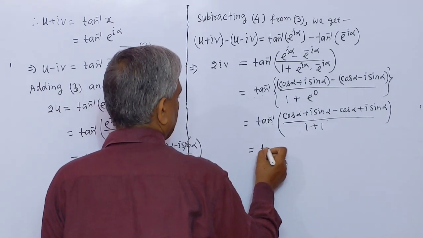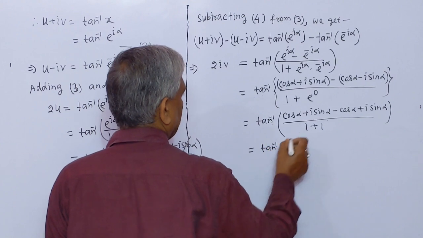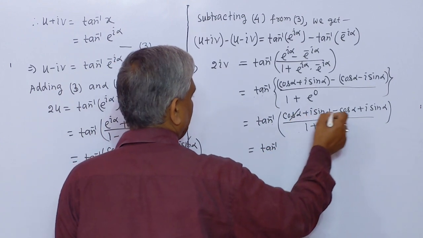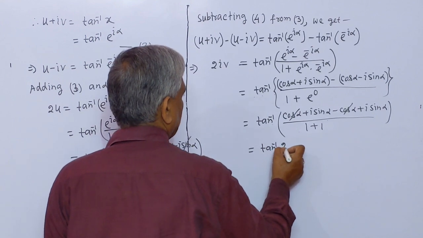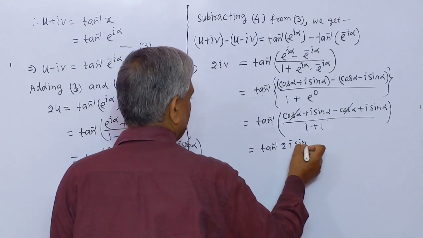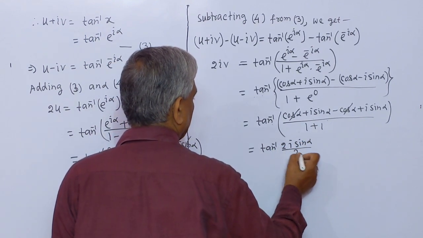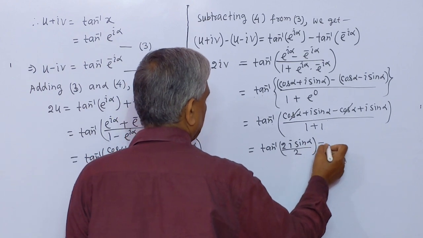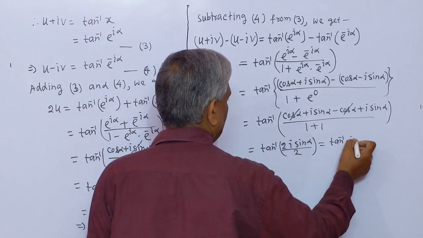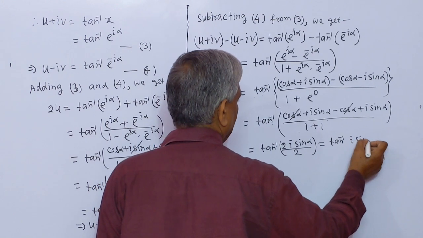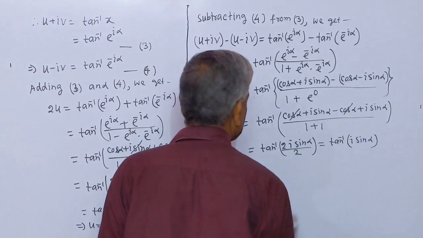Here cos alpha cancels. 2i sin alpha by 2. This is tan inverse i sin alpha. 2 cancels.